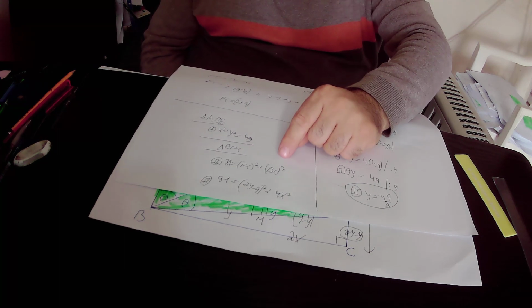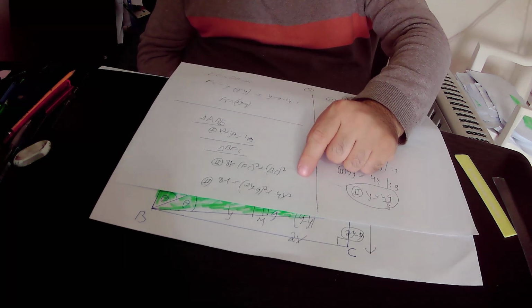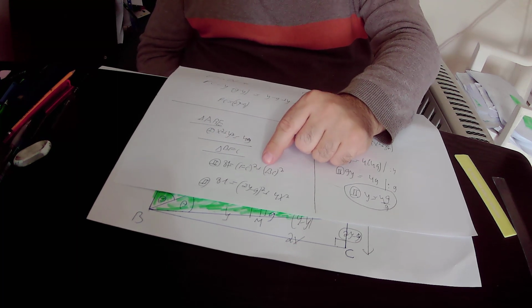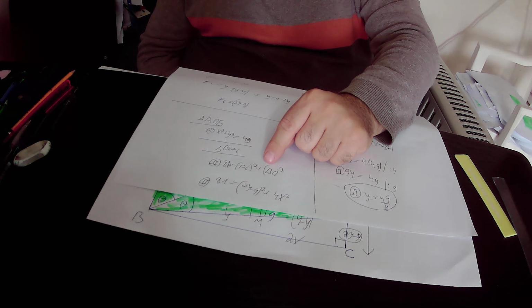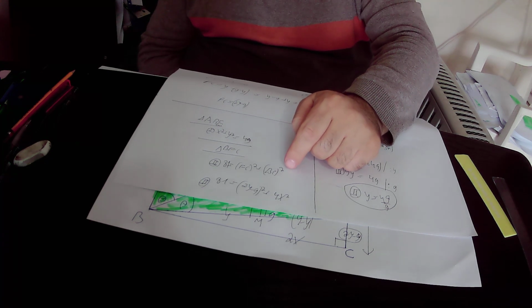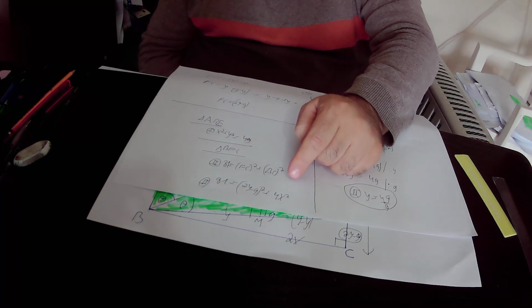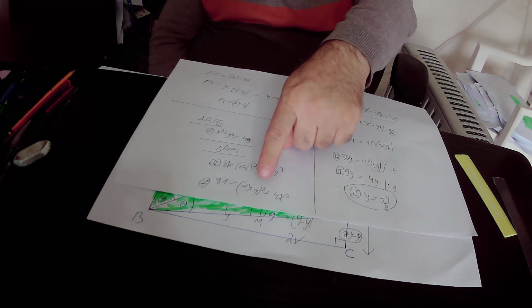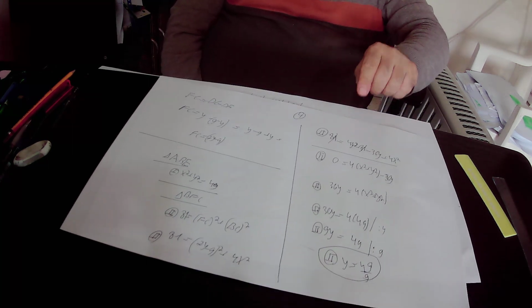FC is 2y minus 9, so FC squared is (2y minus 9) squared, plus BC squared. BC is 2x, so BC squared is 4x squared. We open the brackets and we get this expression.